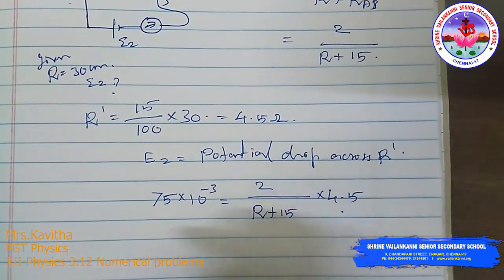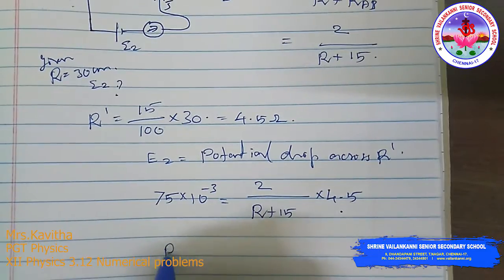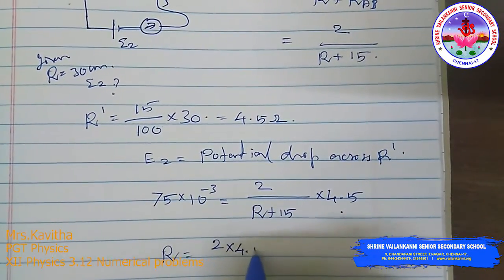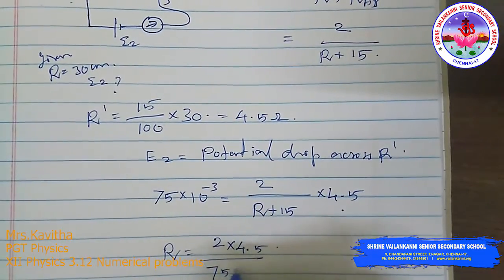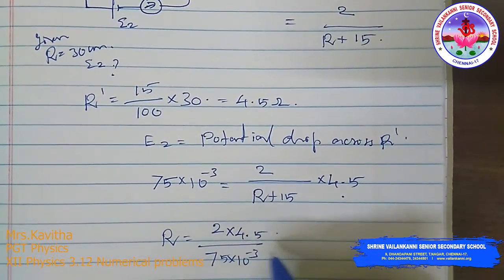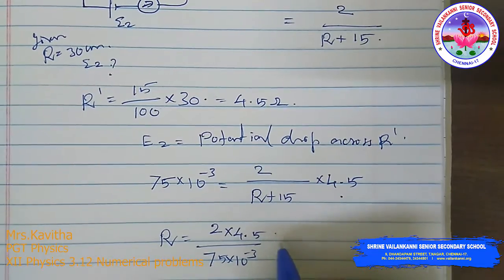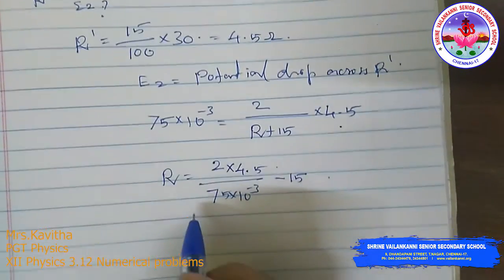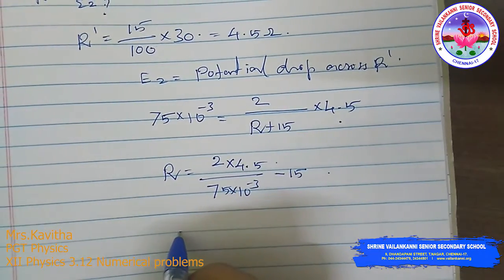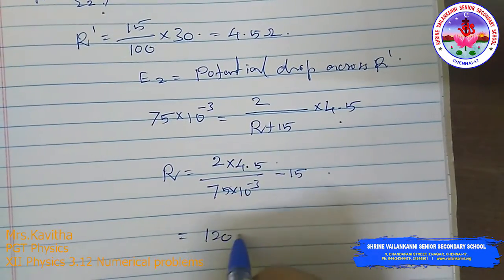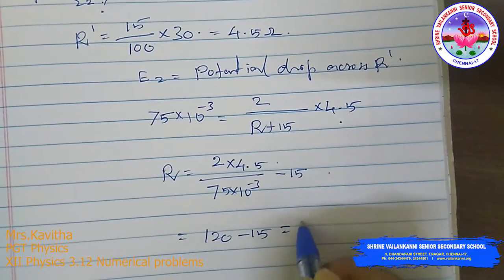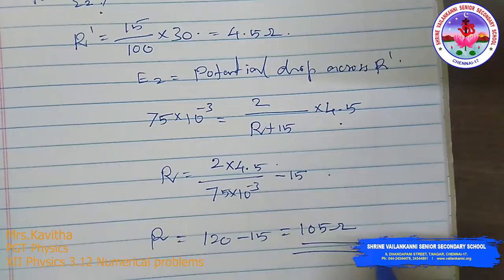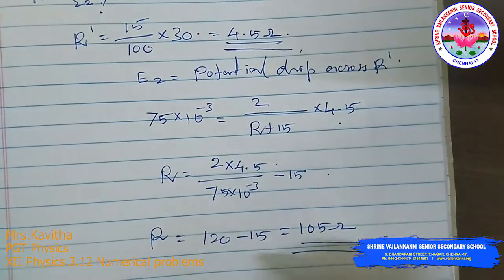Now by resolving it, R is equal to 2 into 4.5 by 75 into 10 power minus 3, minus 15. So you will get R equal to 120 minus 15, which is equal to 105 ohm. You will get the R value, right? So R dash value is 4.5.